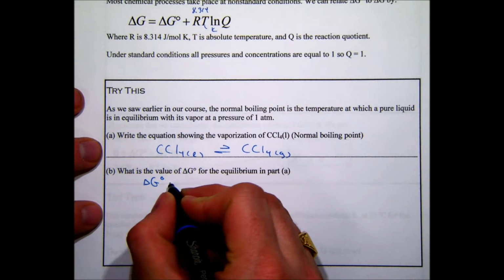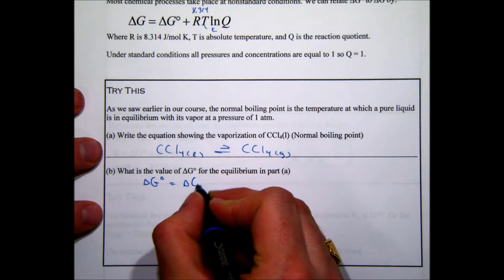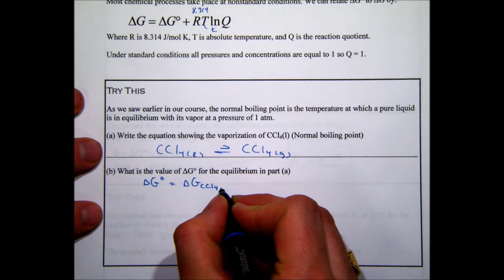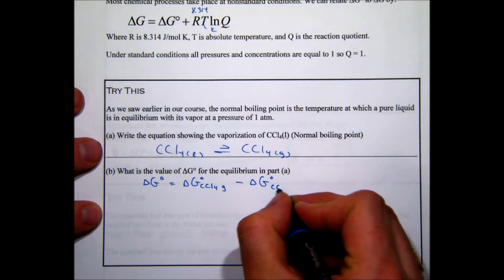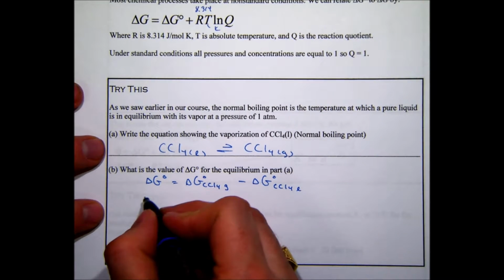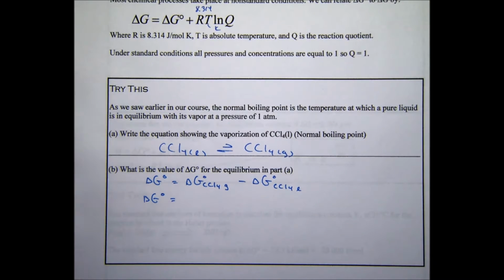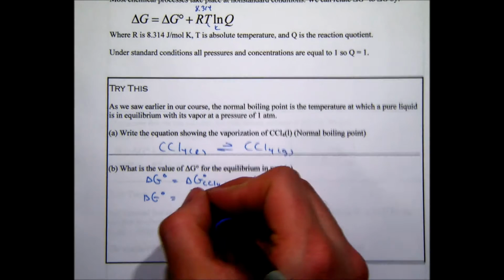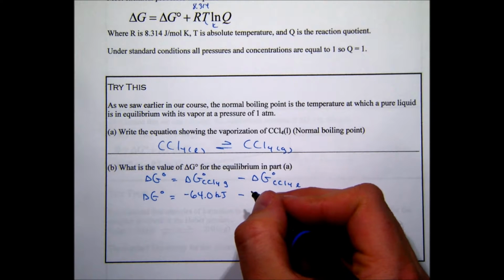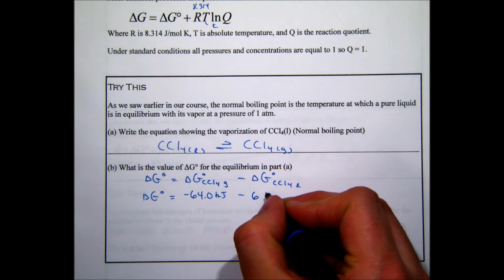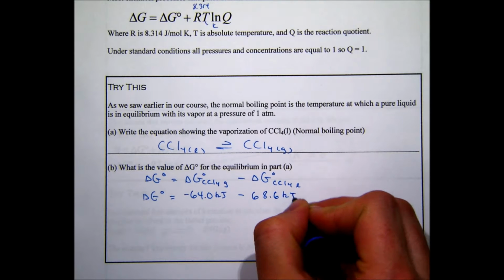Delta G standard is equal to the delta G of CCl4 for gas minus the delta G of CCl4 for liquid. So we look to appendix C. We're starting with gas first. So negative 64.0 kilojoules minus negative 68.6 kilojoules.